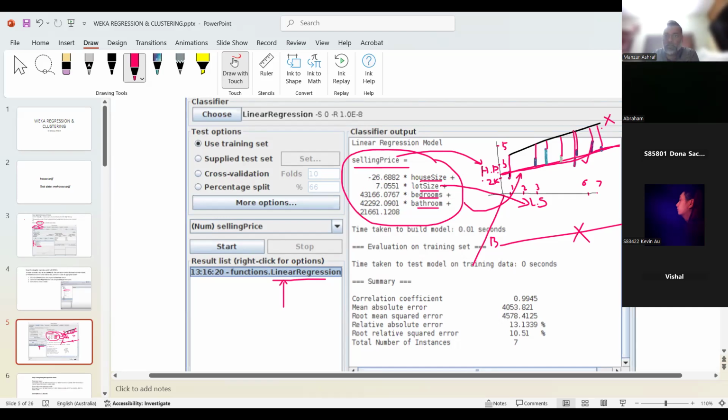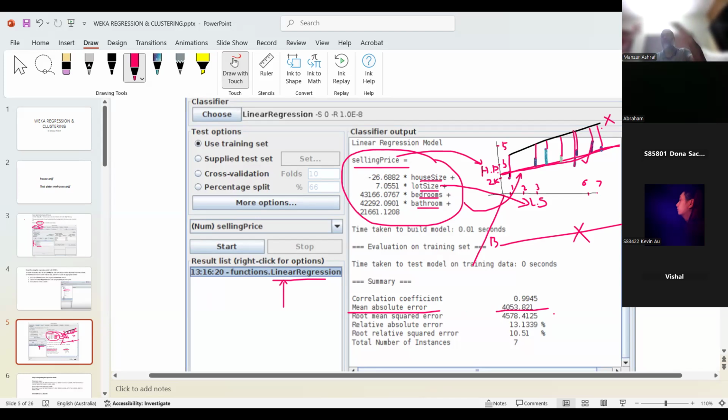But what I'm trying to say is that I already discussed the 3 different lines. And the middle line is the best line because this distance is the shortest distance. And this distance is actually this figure, the root mean square error, 4053. The mean absolute error indicates the accuracy of the algorithm.